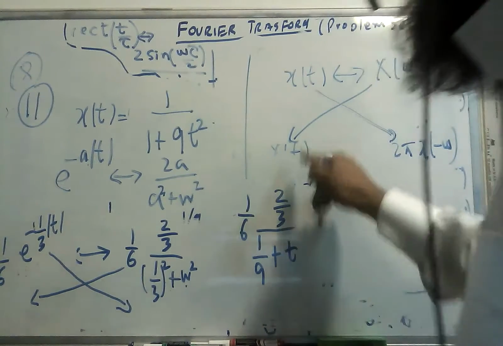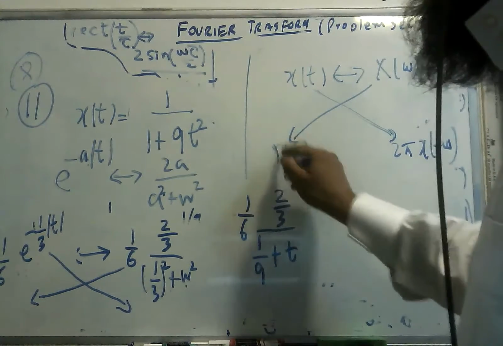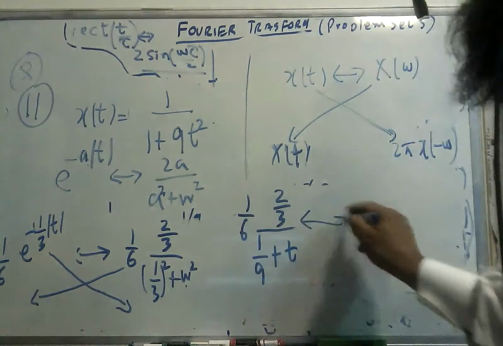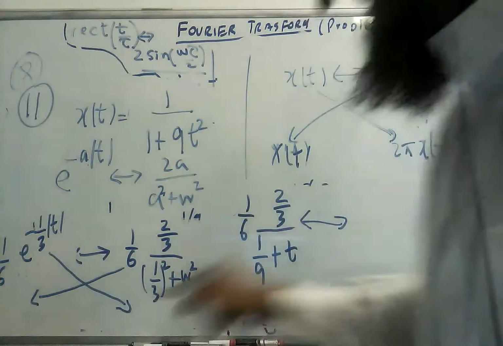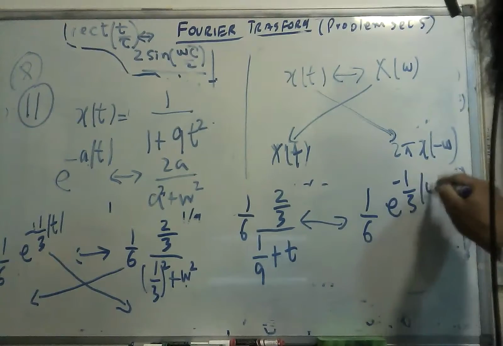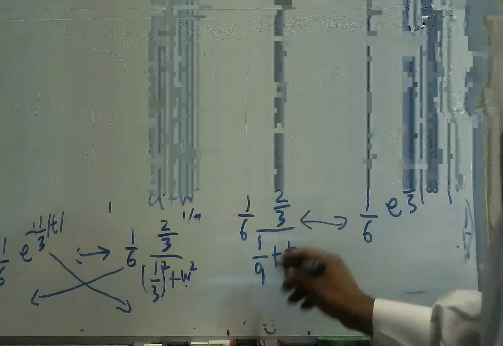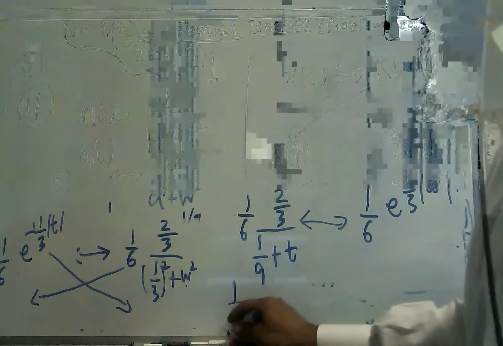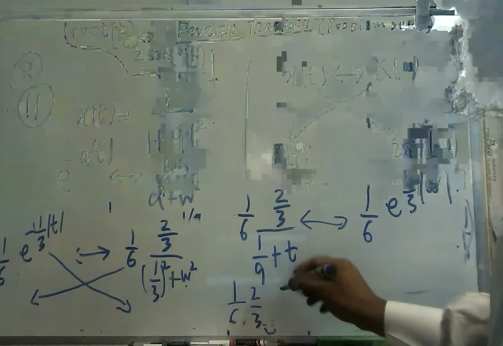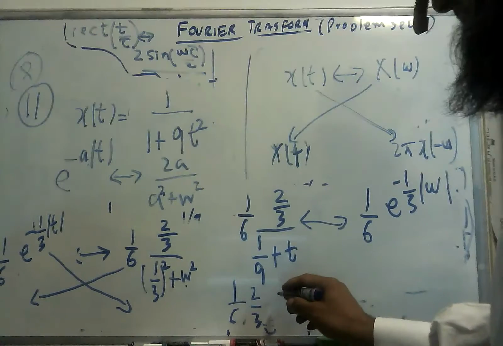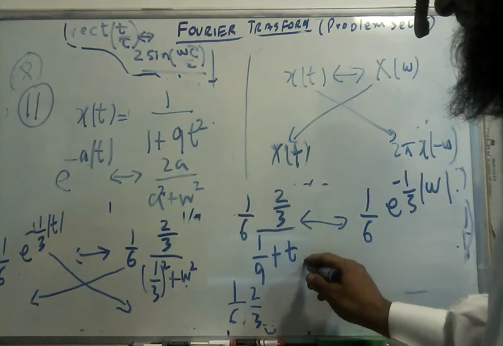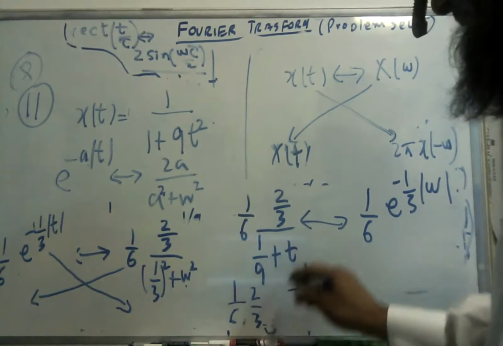I can just change this to t, and I can bring this on this side. On this side, it will be 1 over 6 e raised to the power minus 1 over 3 omega. So 1 over 6 multiplied by 2 over 3, and I can just multiply it by 9 once again.